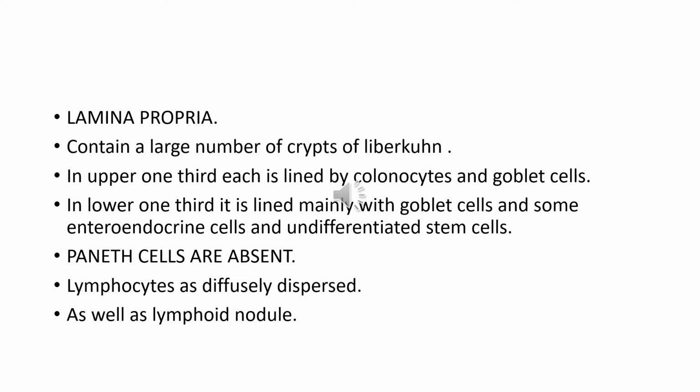While in the lower one third of these crypts, that is the deeper part, it is lined mainly with goblet cells and some enteroendocrine cells and undifferentiated stem cells. However, the Paneth cells are completely absent here. Lymphocytes are present diffusely dispersed as well as localized in the form of lymphoid nodules.